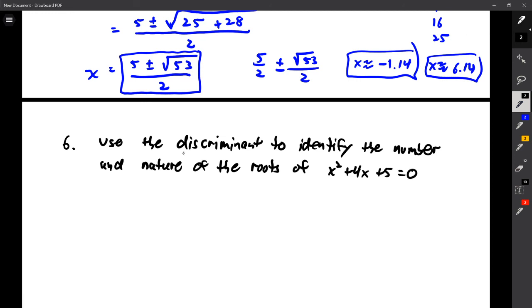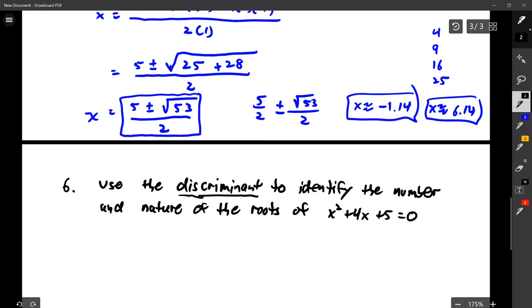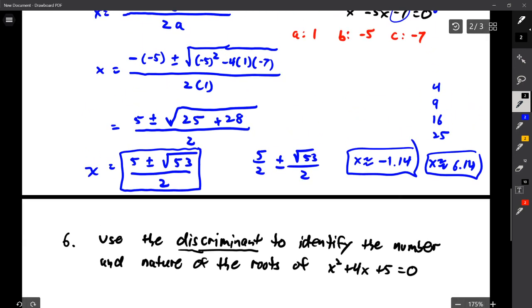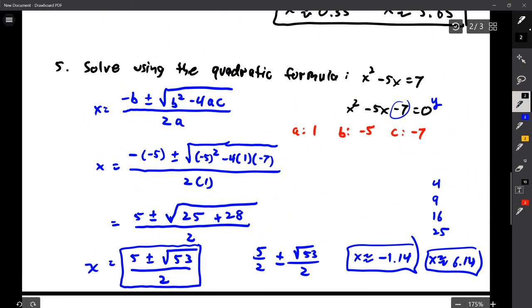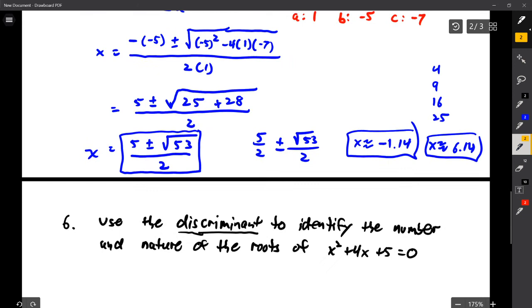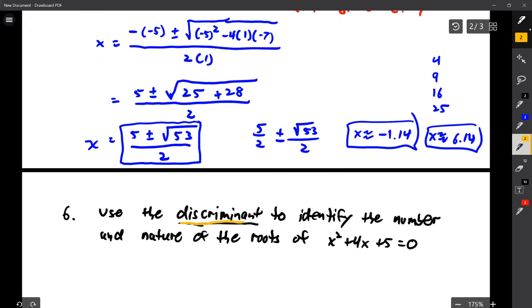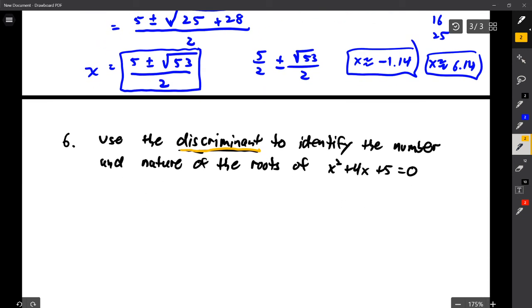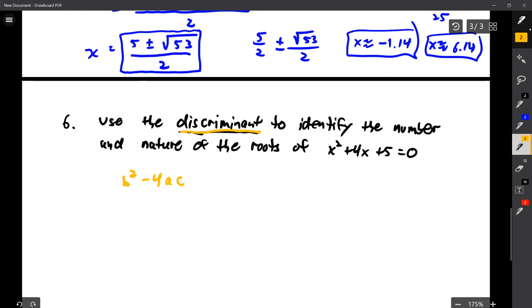So the discriminant is the b squared minus 4ac that is inside of the square root. It's this thing here, that b squared minus 4ac. So let me do that in yellow. So the discriminant is that b squared minus 4ac. Let's list what we know for our values again.